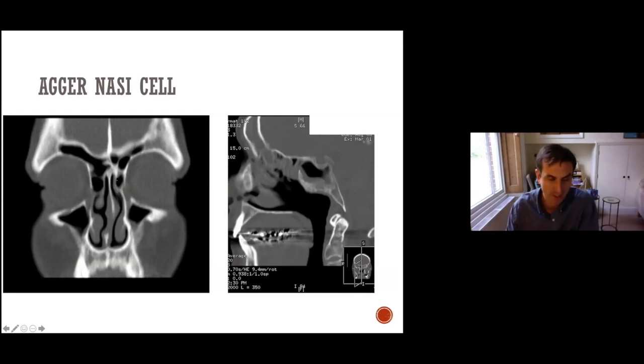So there's this circular structure here, and it can be quite well defined, but very occasionally it can be almost negligible. In fact, in a case I did only last week, there was no real agger nasi to see, and when we did the case, likewise, there was just nothing really to remove in that area. So it is occasionally missing, probably missing about 5% of cases.